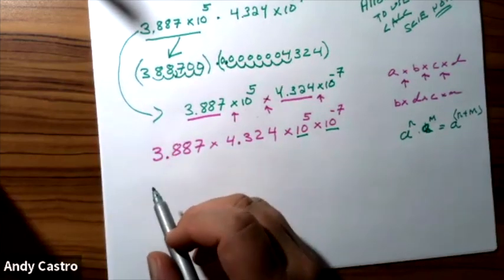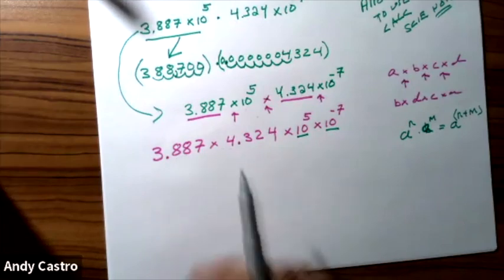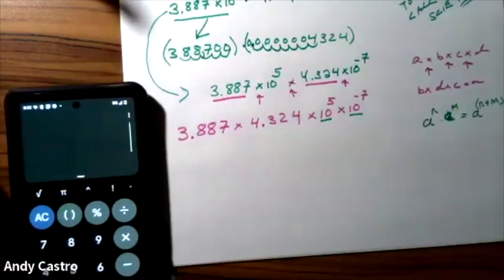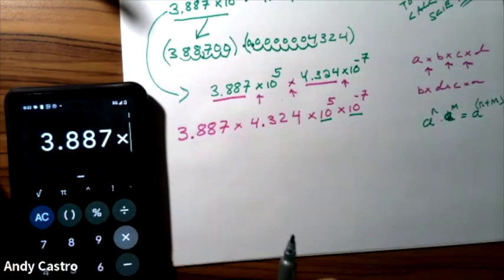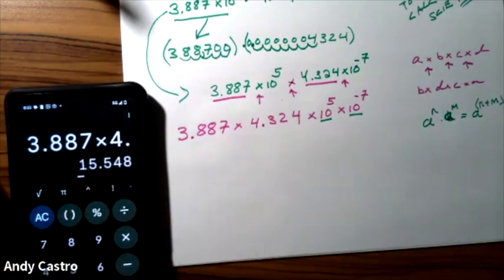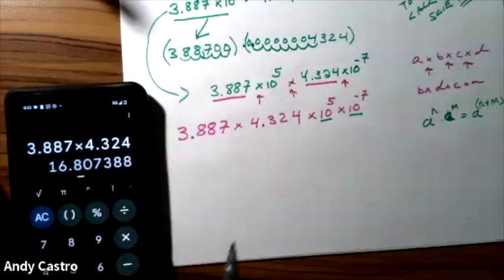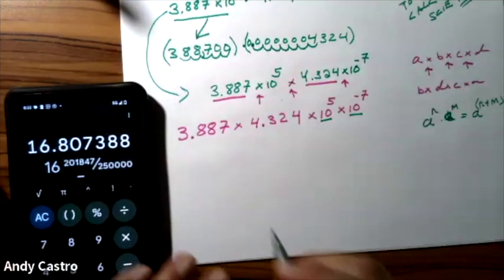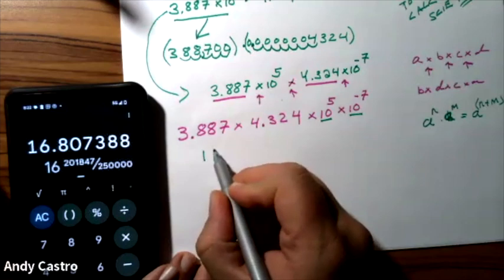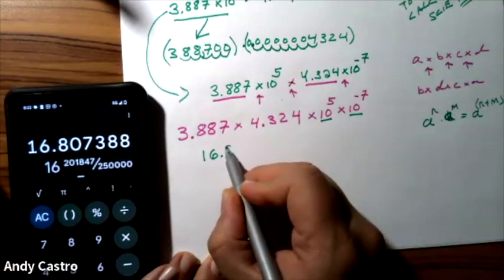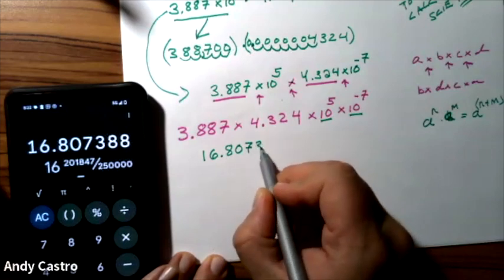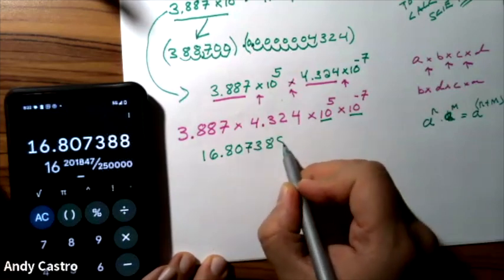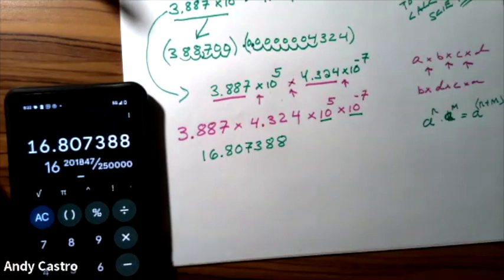So what I will do is put this in my calculator. 3.887 times 4.324, and I get the number 16.80738. Okay.